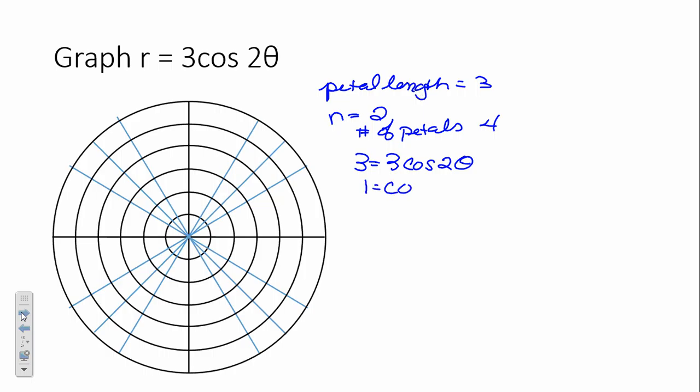The cosine of what theta gets us 1? 0. Anytime you say 0 equals 2 theta, you're going to divide by 2. So theta is always going to be 0 for cosine if it's positive. Okay? So that's our starting point.